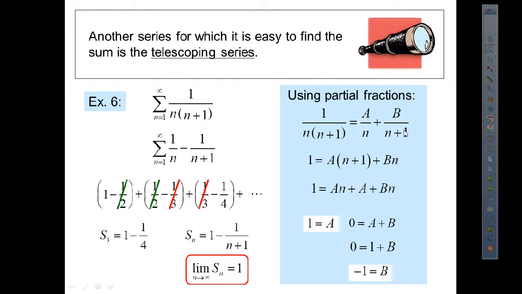If it doesn't, then this thing's going to diverge. But if that second term that you're subtracting from it every time does not go to 0, we end up with a divergent series. If it does, then we end up with a convergent series.